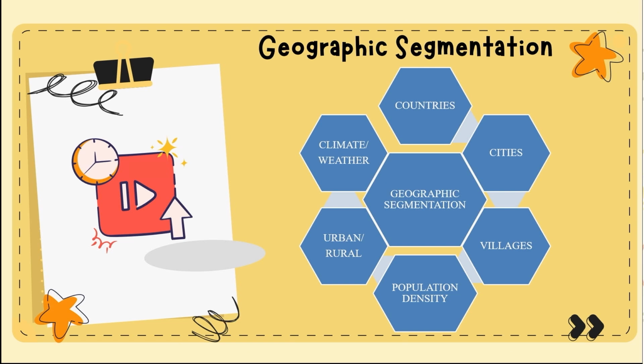Similarly, urban, rural, the climate, the weather, all those particular factors are creating a lot of changes in the requirement of the product altogether. For example, the lubricant manufacturers used to add certain additives in the product based on the geographical condition, that is, based on the climatic condition.